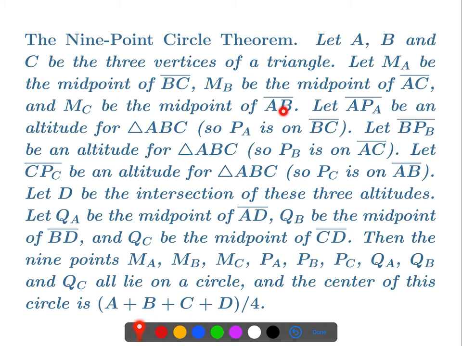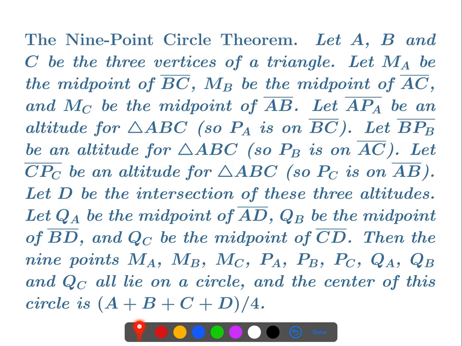M sub C is the midpoint of AB. And then we look at the altitudes. The altitude from A hits the other side at P sub A, so P sub A is the foot of the altitude. And then P sub B is the foot of the altitude drawn from B. And P sub C is the foot of the altitude drawn from C.